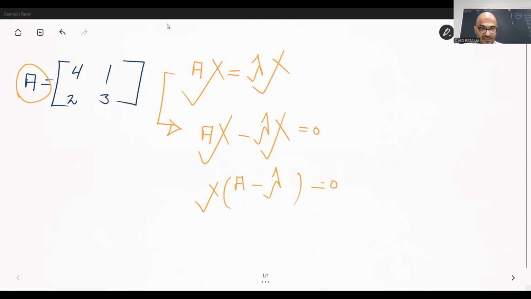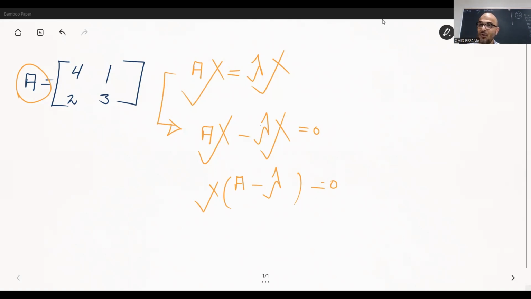Should equal 0. Then the problem that we got from last week is that x is a matrix, A is a matrix, lambda is a scalar number. Then you are subtracting a matrix from a number, which is like subtracting a car from a building. What do you get at the end? Preposterous.